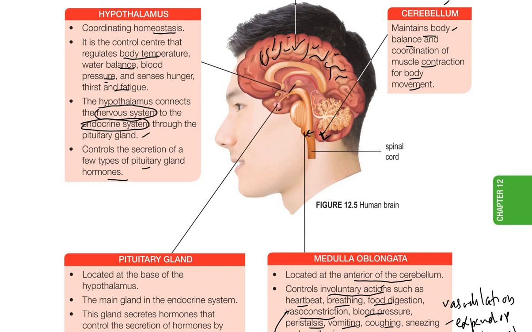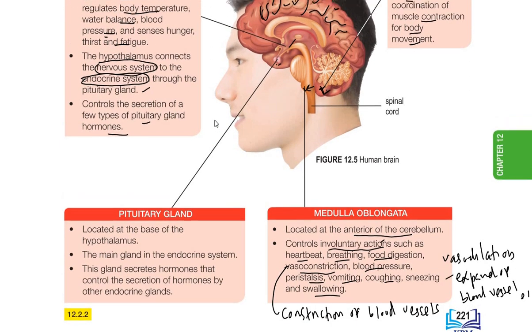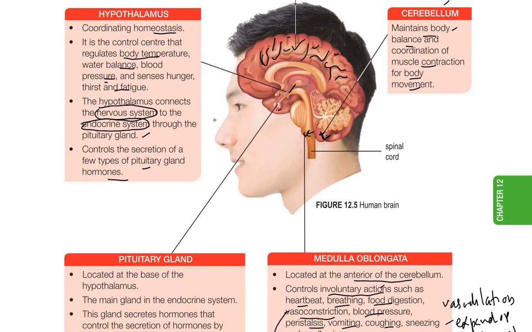Because homeostasis is related to the endocrine system, of course we have another structure, the pituitary gland. The pituitary gland is located near the hypothalamus, at the base of the hypothalamus, below the hypothalamus.